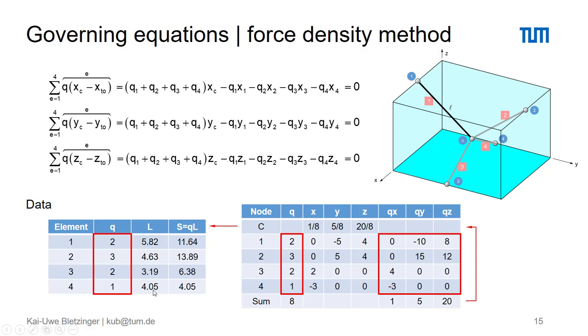That gives the individual lengths of the elements in the state of equilibrium, and then it's straightforward to determine the member forces in the deformed state of equilibrium simply by multiplying the deformed length by the force density, where we just have taken those at the initially given values, and that is finally the result. Done. Very simple at the very end, straightforward, and completely convincing by the robustness of this approach.